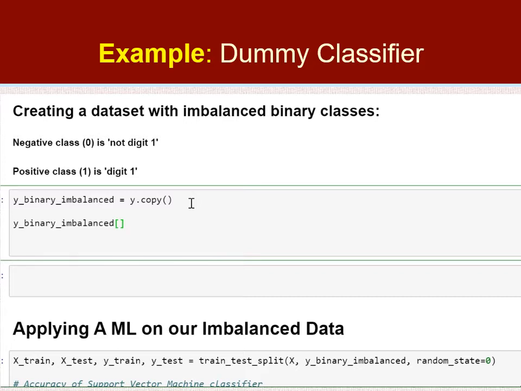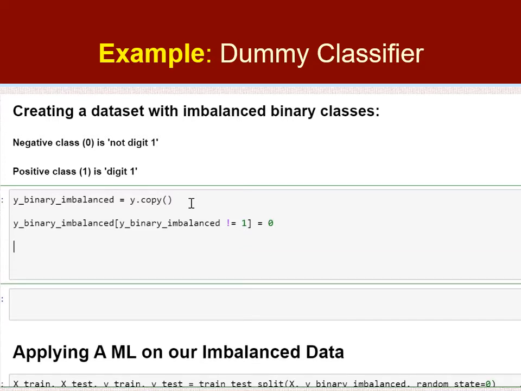So what I'm going to say is, if it's not 1, put it as class 0. That means y_binary_imbalanced, if not equal to 1, then put it as class 0.